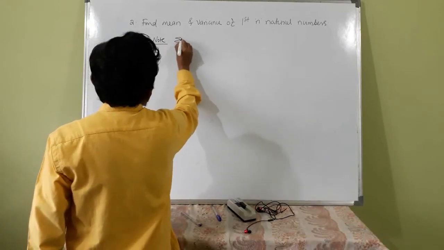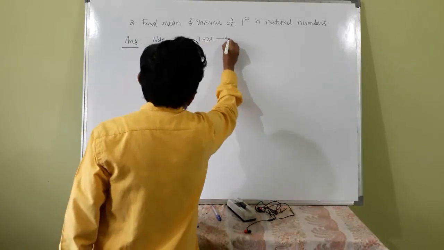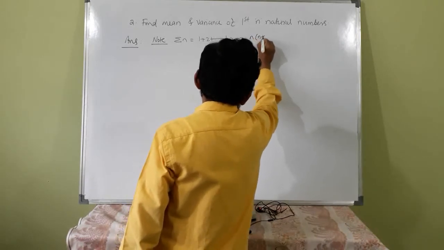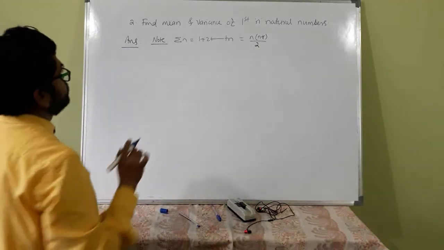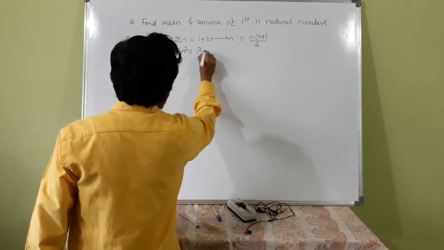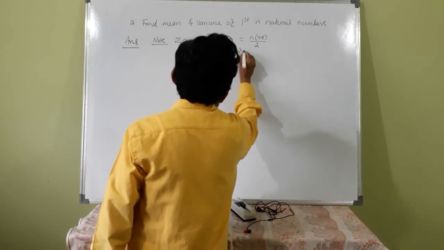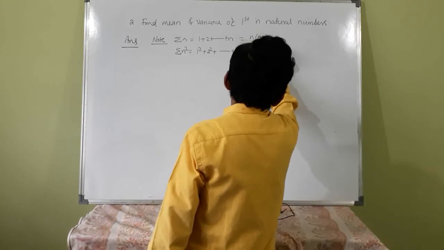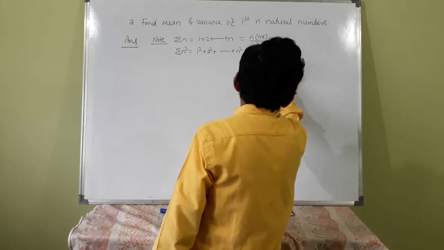Sum of n is equal to 1 plus 2 plus so on up to n is equal to n into n plus 1 divided by 2. This you know. Sum of n square means 1 square plus 2 square so on up to n square, that is n into n plus 1 into 2n plus 1 divided by 6.